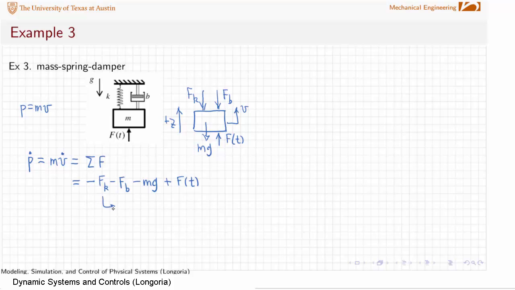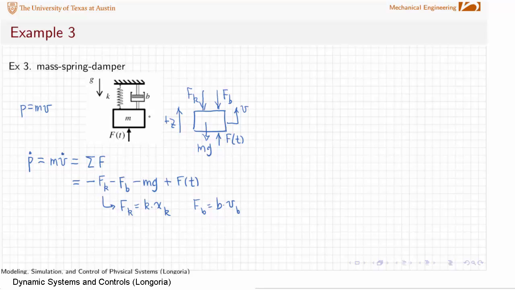The first one here, F k, is k times the displacement of the spring, and the spring deflection is also going to be a state in this system, as we're going to see. And F b, as before, is b times the velocity of that damper.